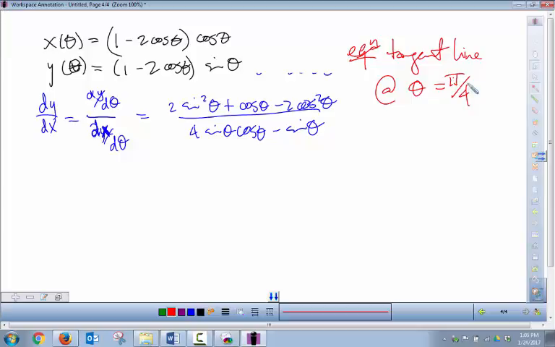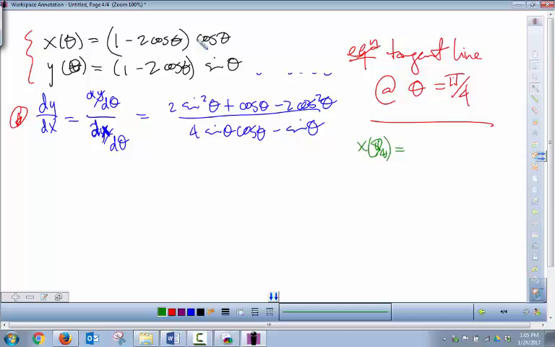We need a point and a slope. We have the x and y values that would give us our point, and then we have our dy/dx that would give us our slope. But remember that to find our slopes and our points, we need to actually put in the values of theta into these things. So let's start with x and y.